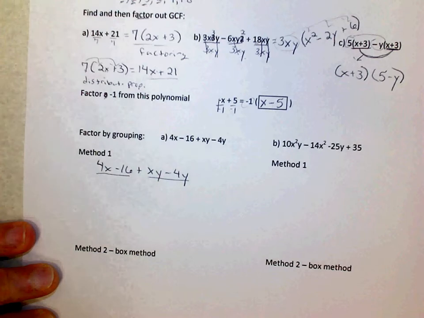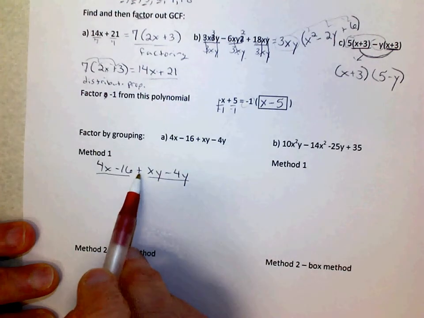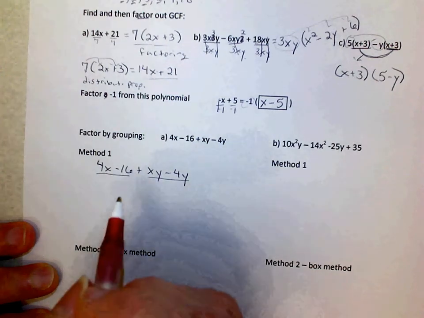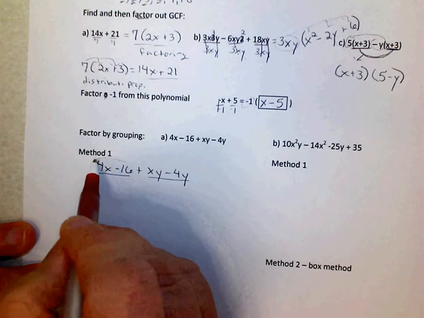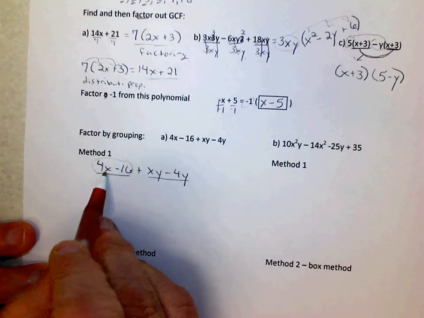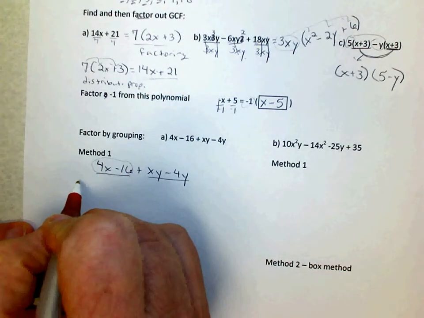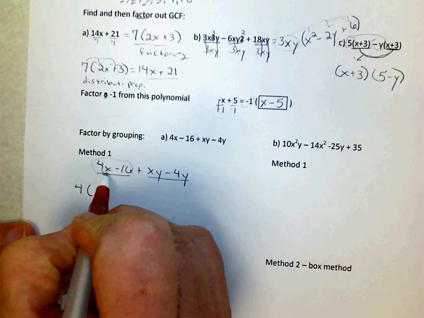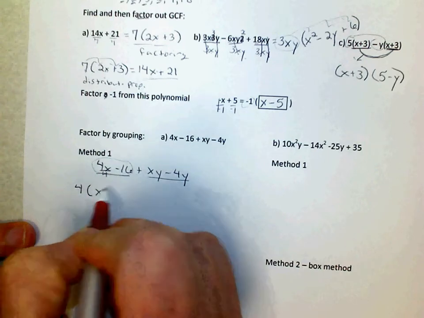Notice I left the sign in the middle of these open. I didn't underline it or anything. And what I do is I factor the GCF out of this set. Well, 4x and 16 has a GCF of 4. So when I divide this by 4, I get x, and when I divide this by 4, I get -4.